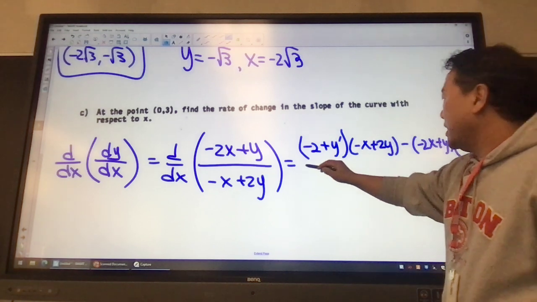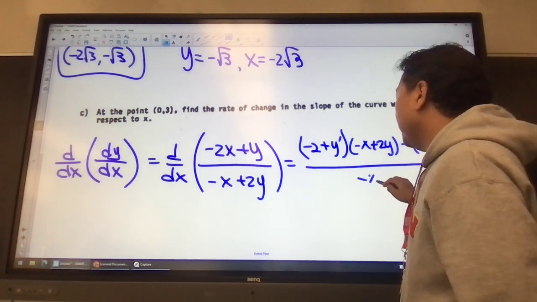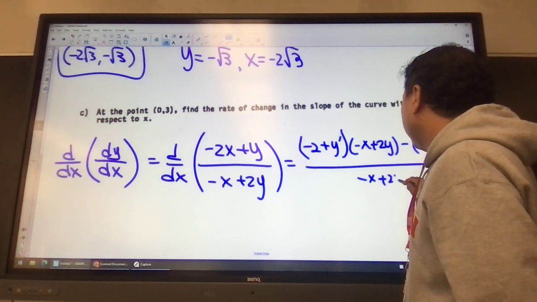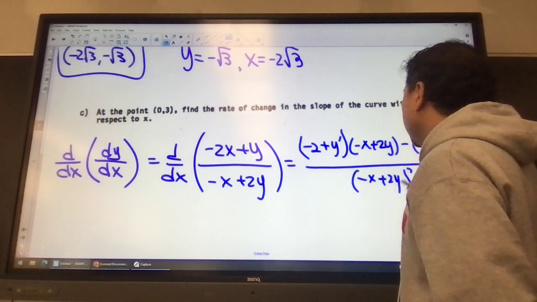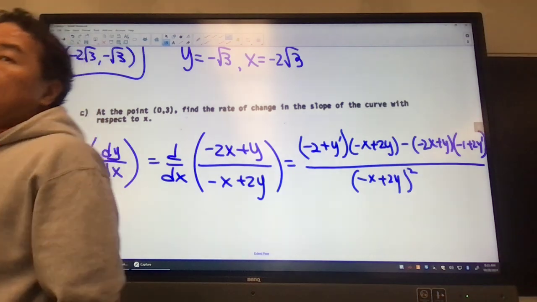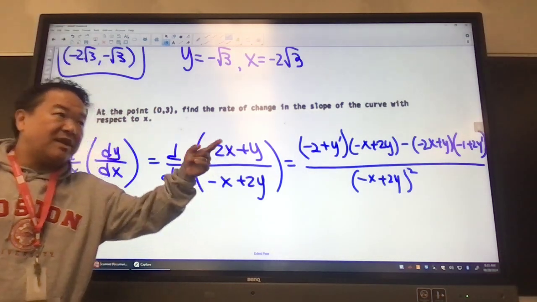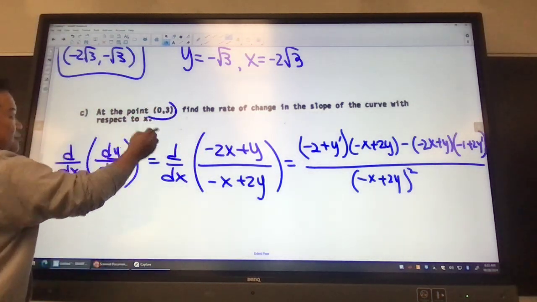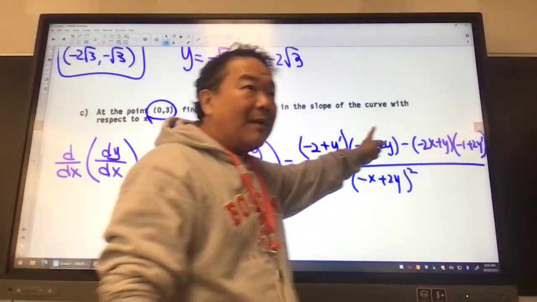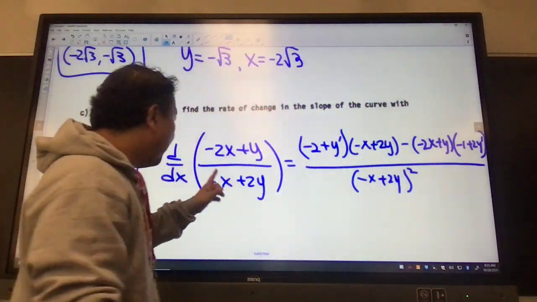And then divide the whole thing by this one squared. And as you guys can tell, we'll be needing 3 pieces of information: x, y, which we already have here, and then the value of y prime, which I can actually get from here.